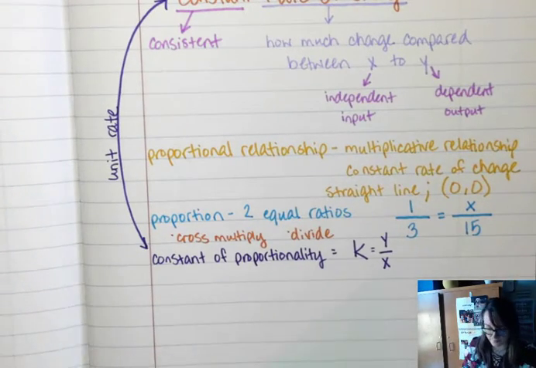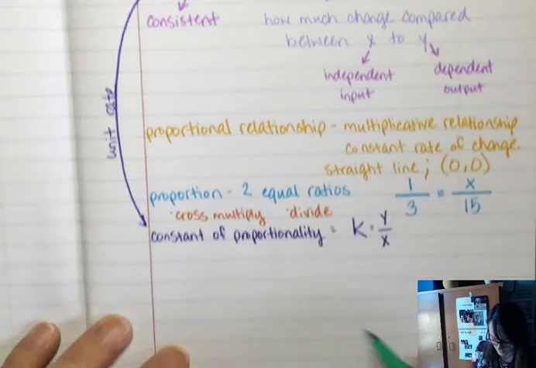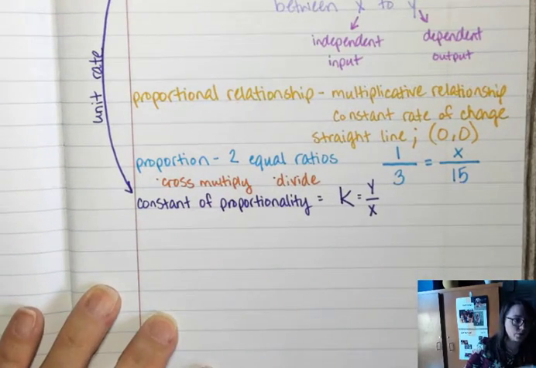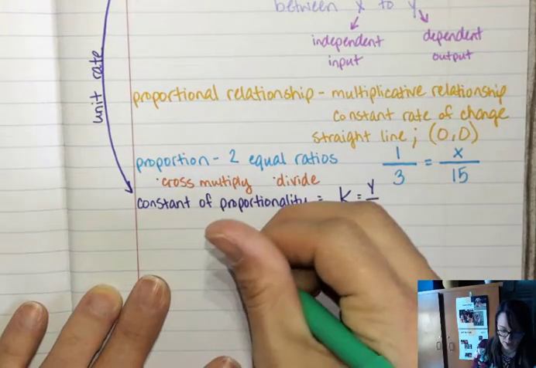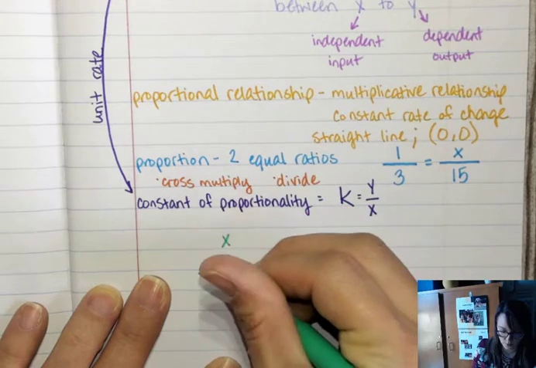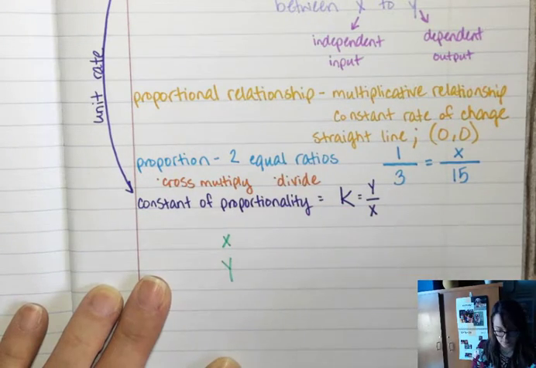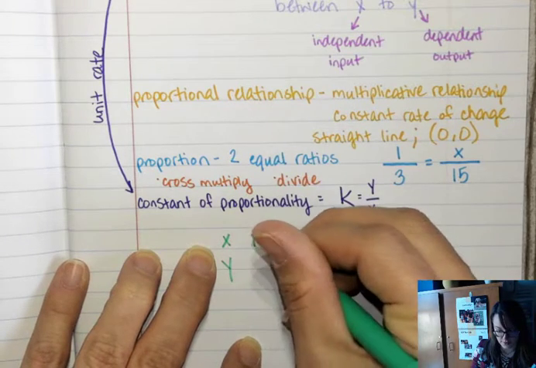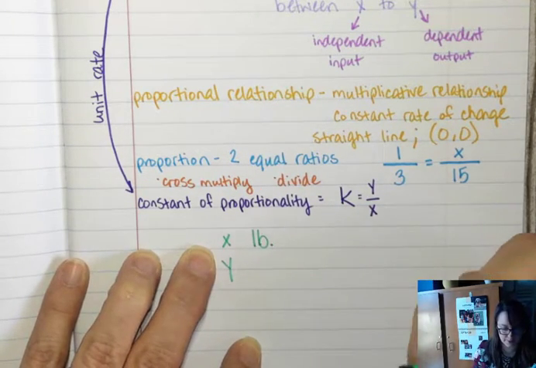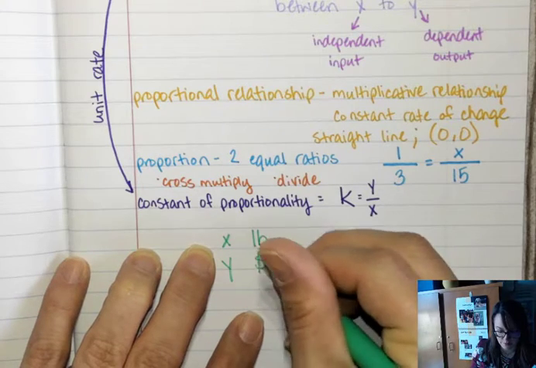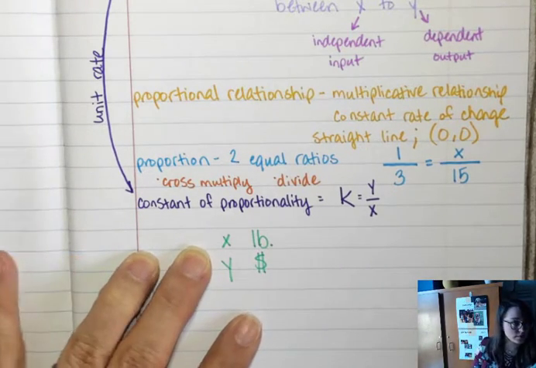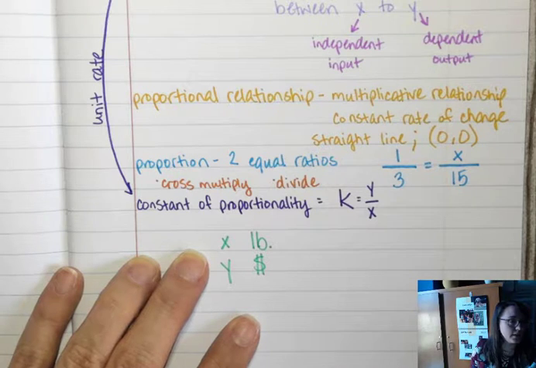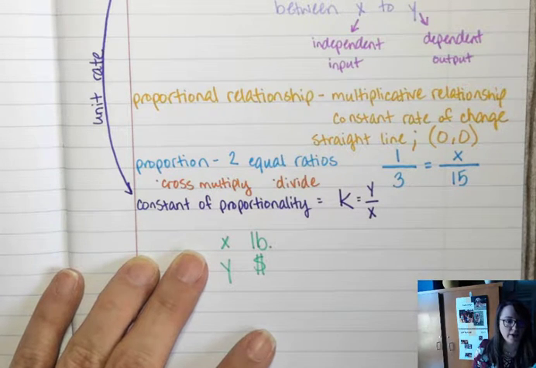So if you had a table, and we know science rules apply, x is on top in a table, y goes on bottom. X is the independent, so this is how many pounds of hamburger meat I'm going to buy, and this is how much money that costs. I don't go into a store and take $20 to the cash register and say, okay, how much hamburger meat can I buy? No. You go pick out hamburger meat and you pay per pound.